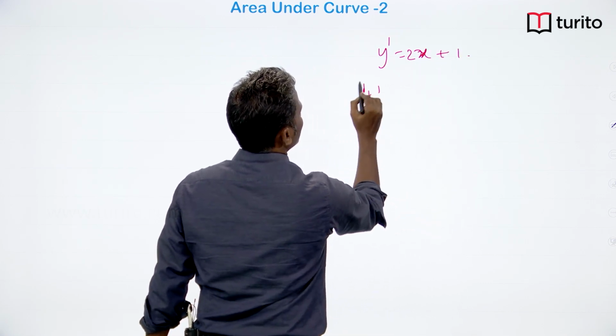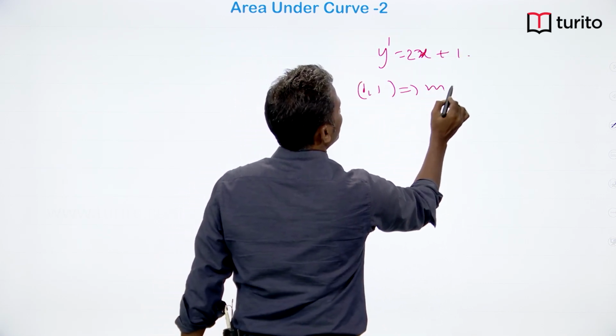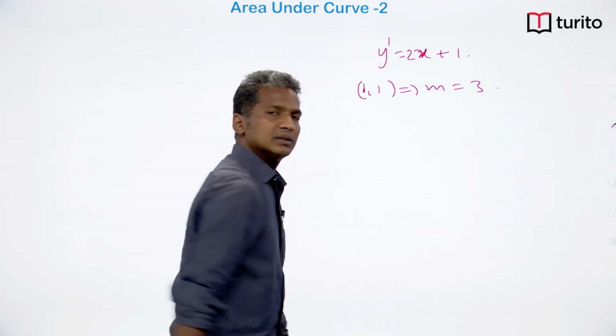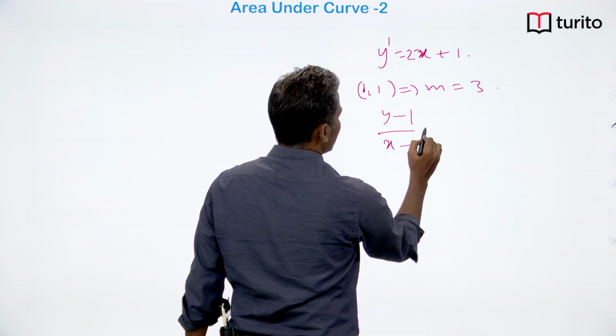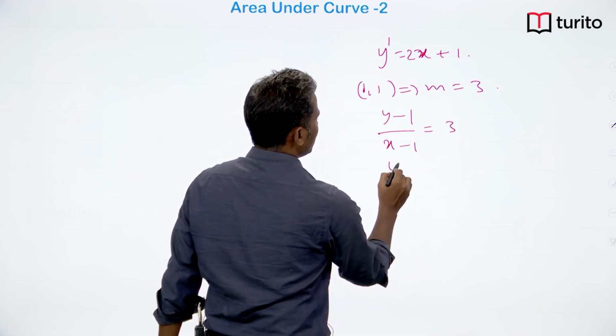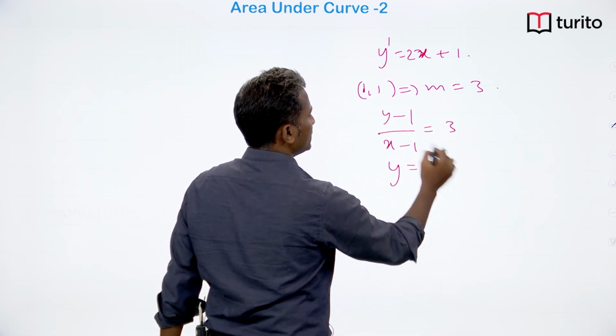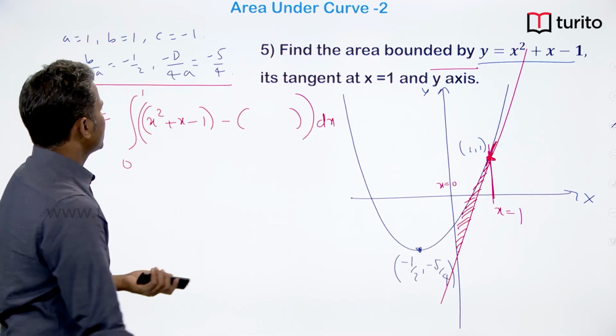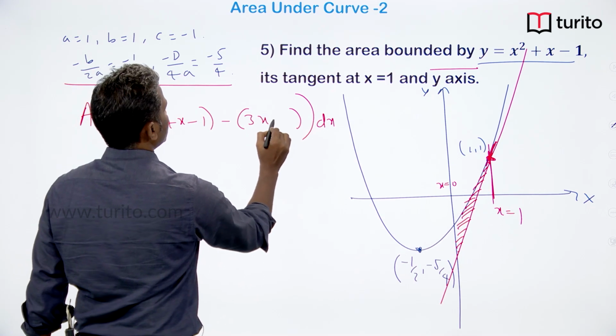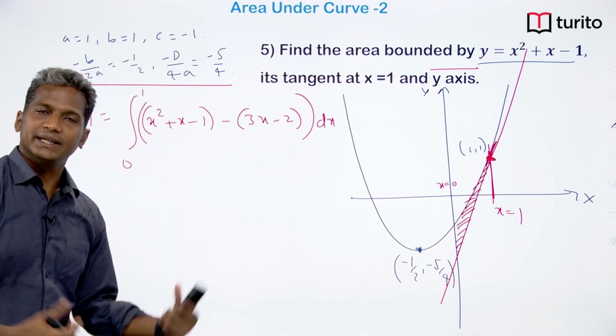So when I put 1 comma 1, slope becomes 3. So equation of tangent is y minus 1 by x minus 1 is equal to 3, which gives me y equal to 3x minus 2, right. So that means here I have to put 3x minus 2 and integrate it.